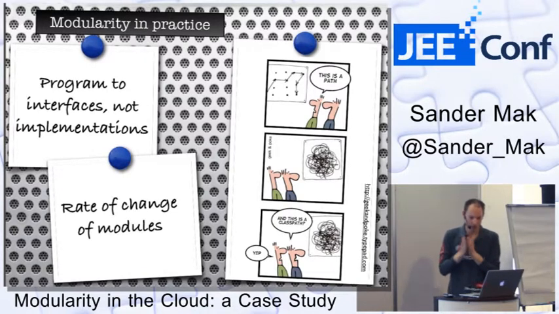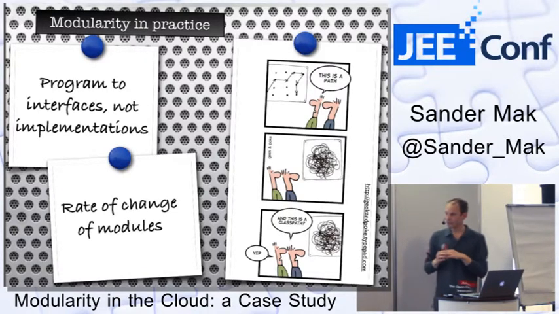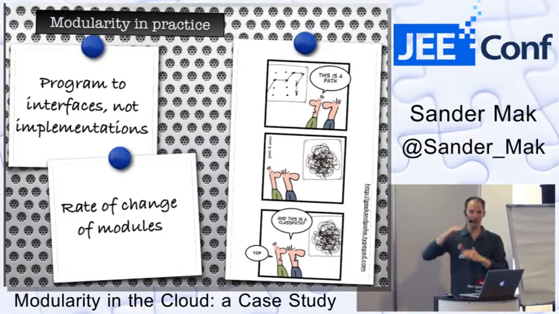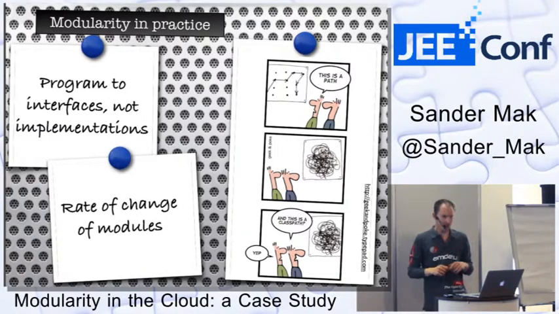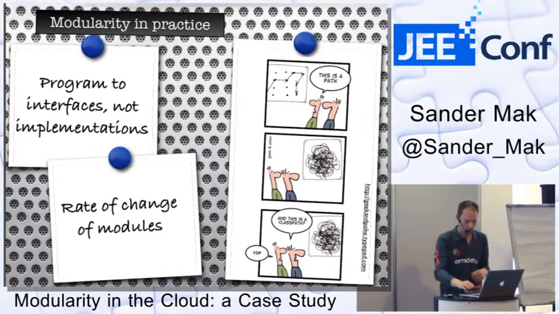The modularity that I'm talking about today lives in between this OO and class design and the service-oriented architecture, so somewhere here. And it turns out that there's not really anything standardized for that. At least not something that's widely popular and widely applied.